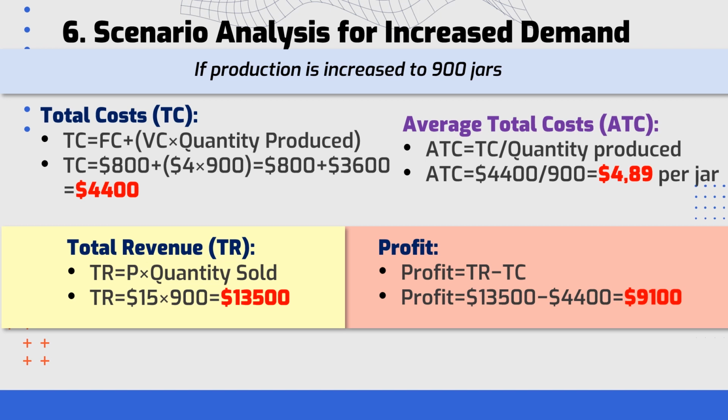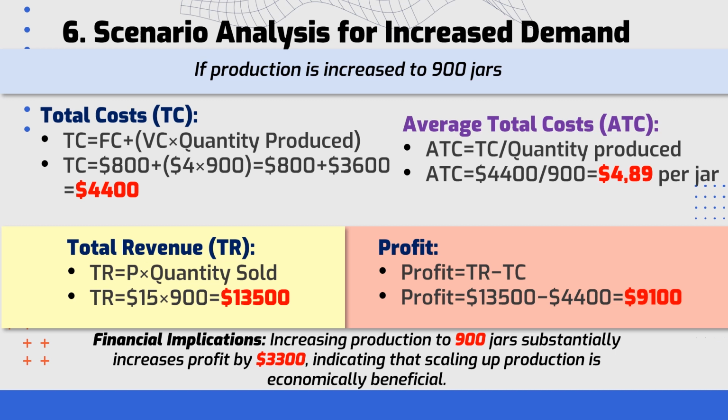Total revenue is $13,500 and the new profit is $9,100. In other words, if the company produces and sells all 900 jars, the profit would be $9,100, which is $3,300 higher than the profit in the first scenario.